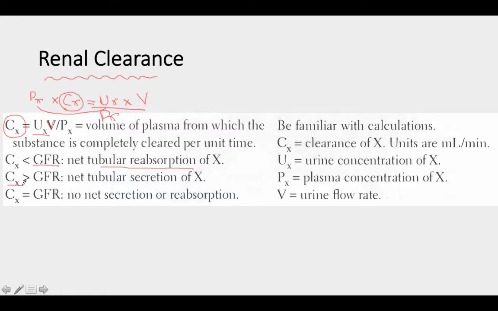If the clearance of a substance is greater than the GFR, then there must be some secretion from the tubules, from the capillaries into the tubules of that substance X. If the clearance of a substance equals the GFR, then there is no net secretion or reabsorption of that substance.